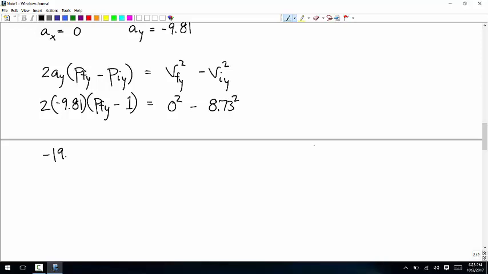So negative 19.62 PFY plus 19.62 is equal to negative 8.73 squared.